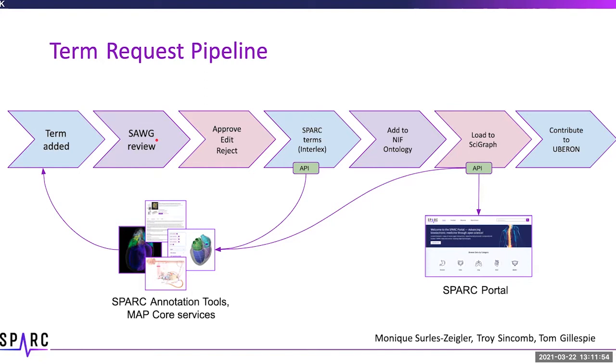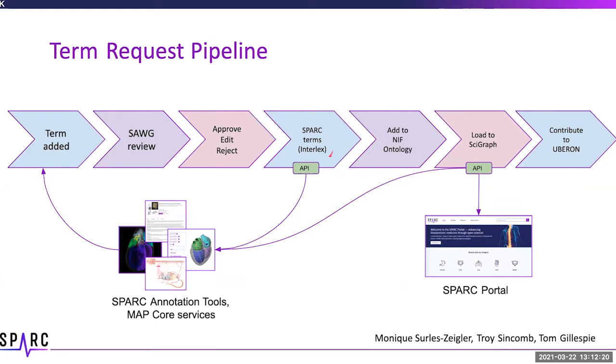And so there is a formal pipeline where terms are gathered, either via use and annotation tools, through contributions to the SAWG directly, and then those need to be reviewed, and also updated and modified. They get approved and potentially rejected as well.